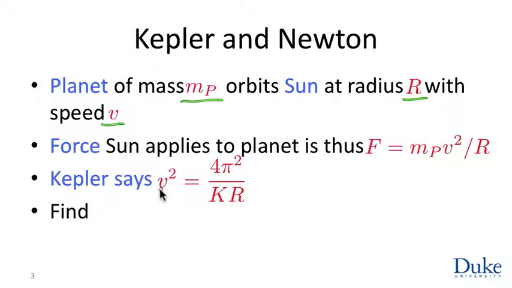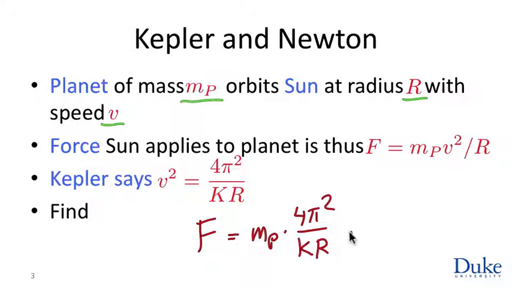So I can put this expression into that, and I can find F is equal to the mass of the planet times the square of its velocity, 4 pi squared over kr, divided by the radius of its orbit, or, rearranging things a bit, 4 pi squared divided by k times the mass of the planet divided by r squared.